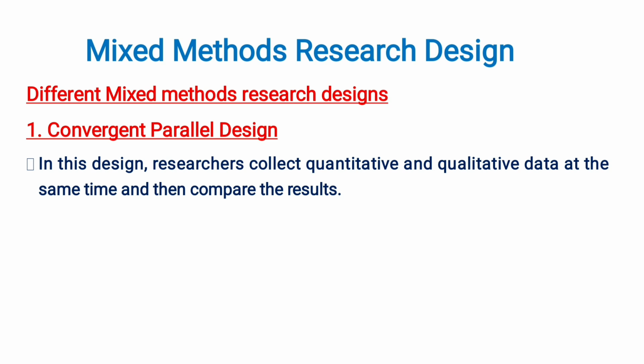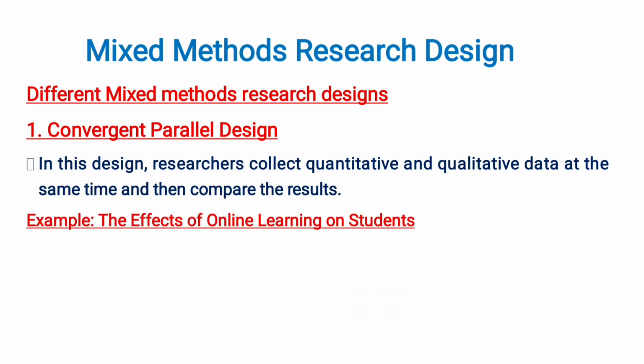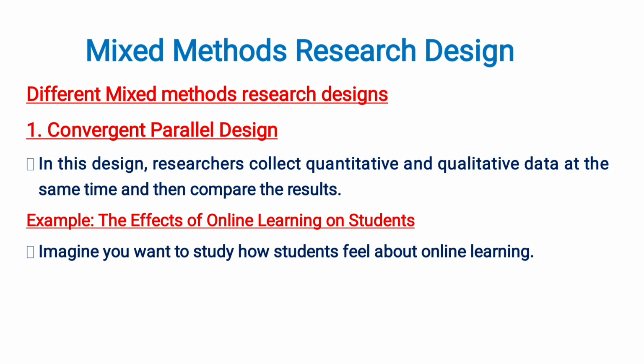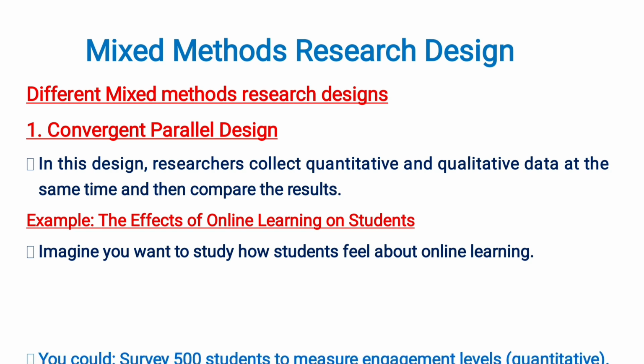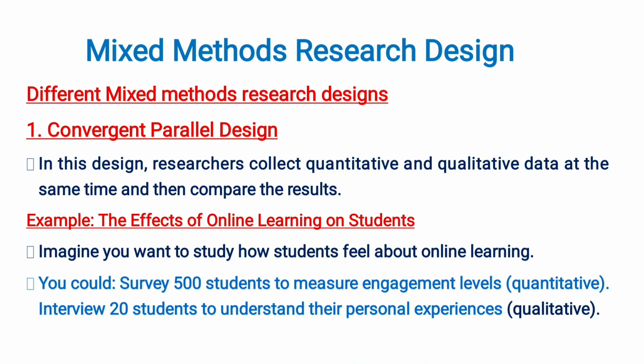For example, if we want to study the effect of online learning on students, imagine you want to study how students feel about online learning. So in this study, you may survey 500 students to measure engagement levels. That is quantitative one.